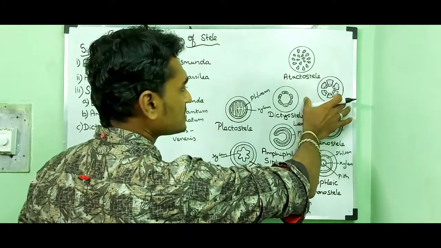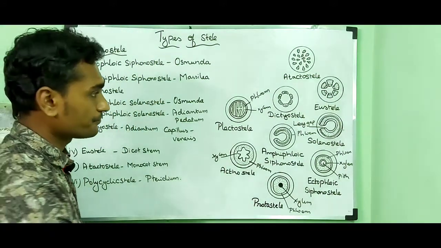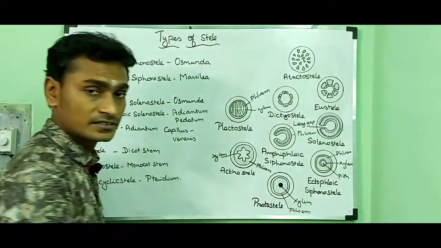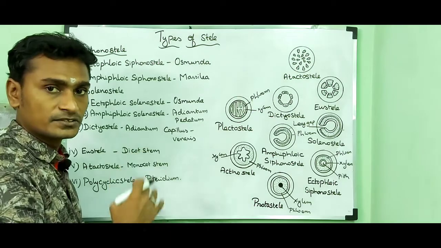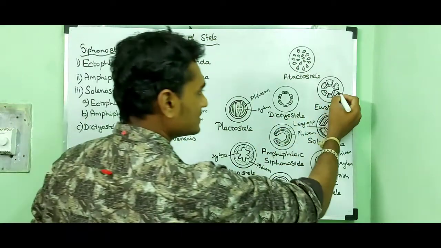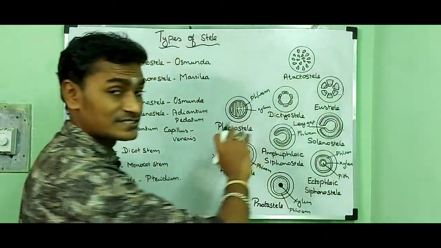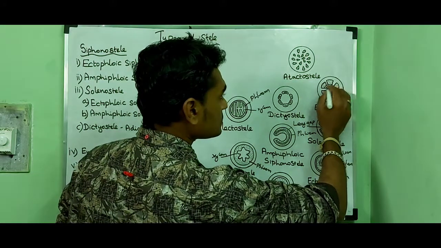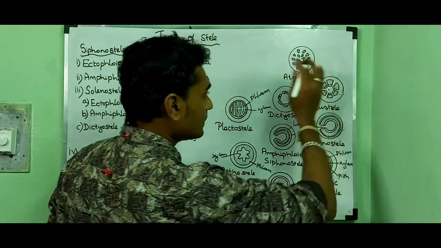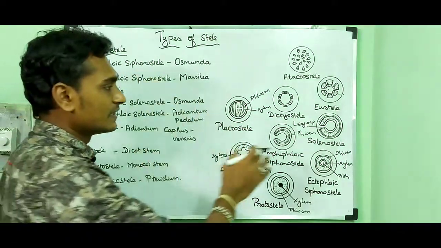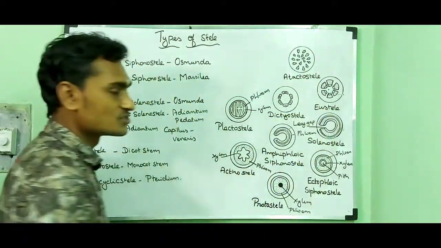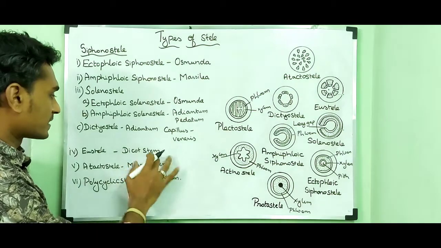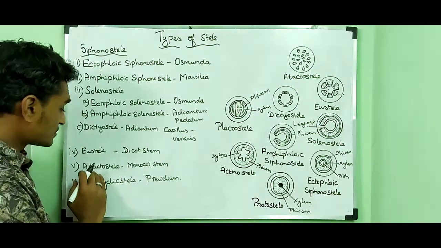So this is the structure of Eusteel. This is the pith, so vascular bundles are around the pith. It looks like a ring. So it is called Eusteel. Example Equisetum.